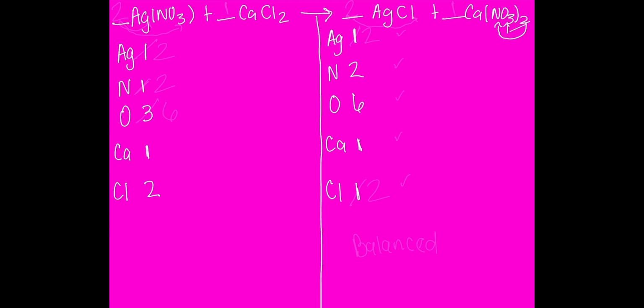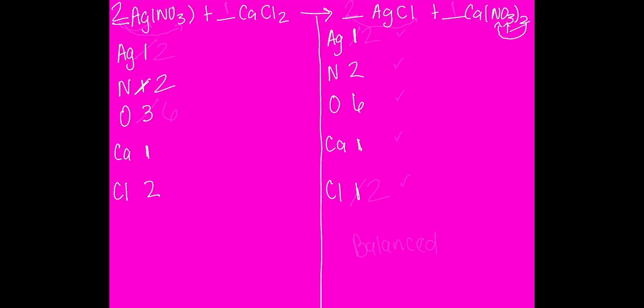So I know that if I'm looking for 2, I'm just going to go ahead and put coefficient 2 in front of my compound AgNO3, right? Because this 2 has to be distributed to all of those subscripts as a multiple in order to get what we need. So 2 times 1, the subscript 1 for nitrogen, is 2.